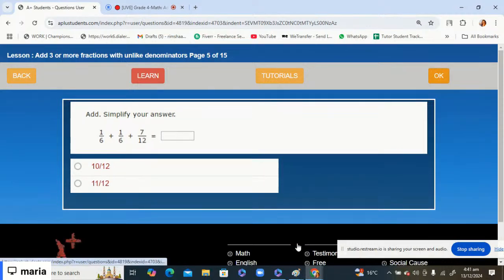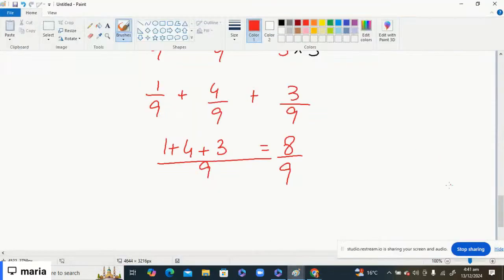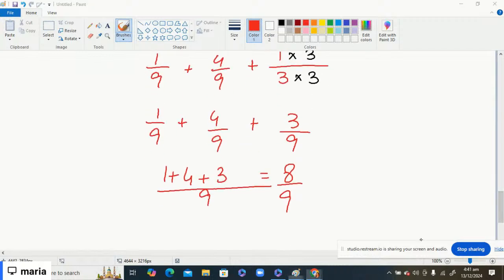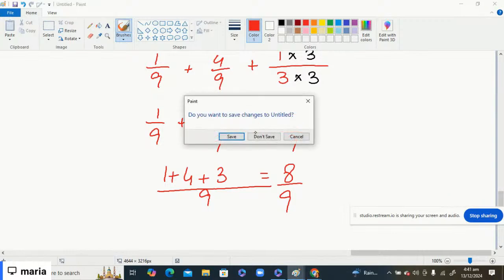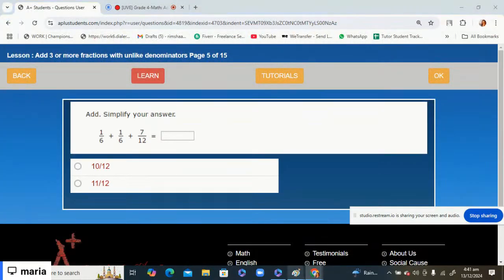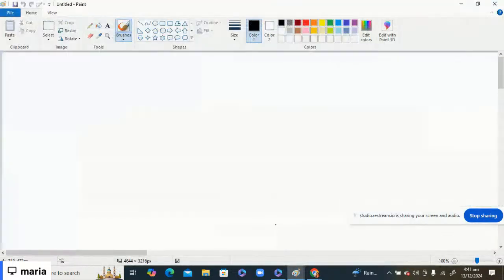So 1 by 6 plus 1 by 6 plus 7 by 12. Okay, now look at this one.